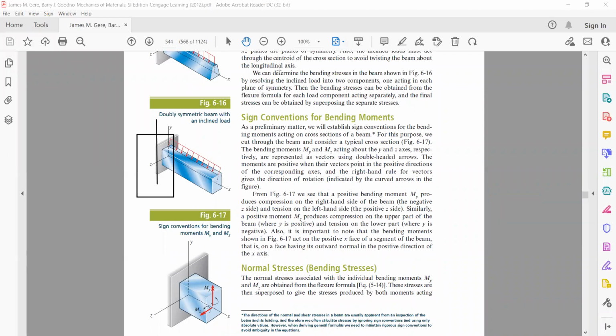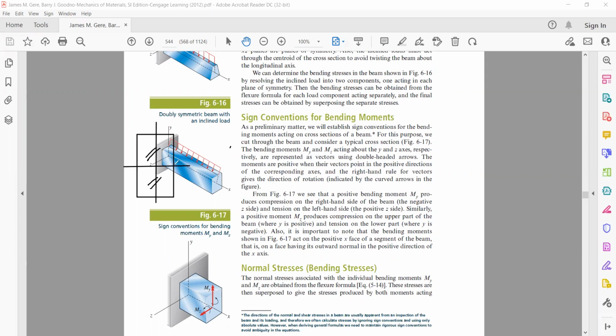This axis divides your beam cross section into two symmetrical portions. At the same time, this is also one more axis of symmetry. It also divides your beam into two symmetrical portions. The top portion is symmetrical, as well as the bottom portion.